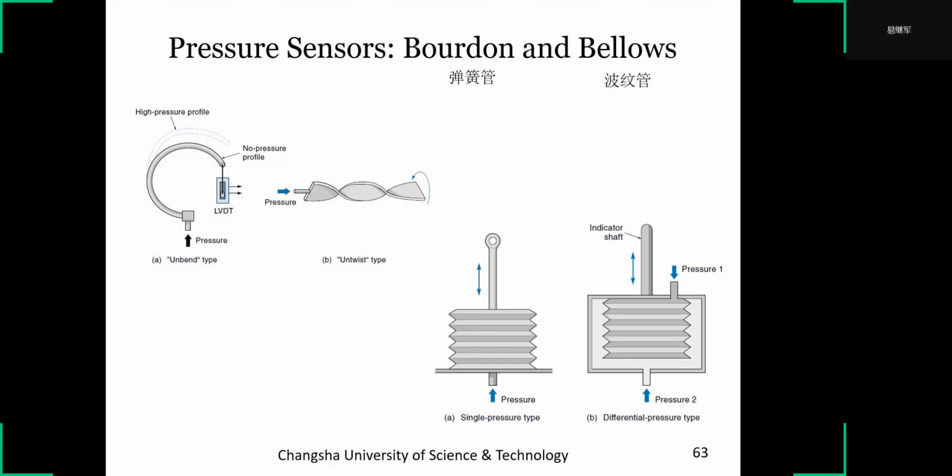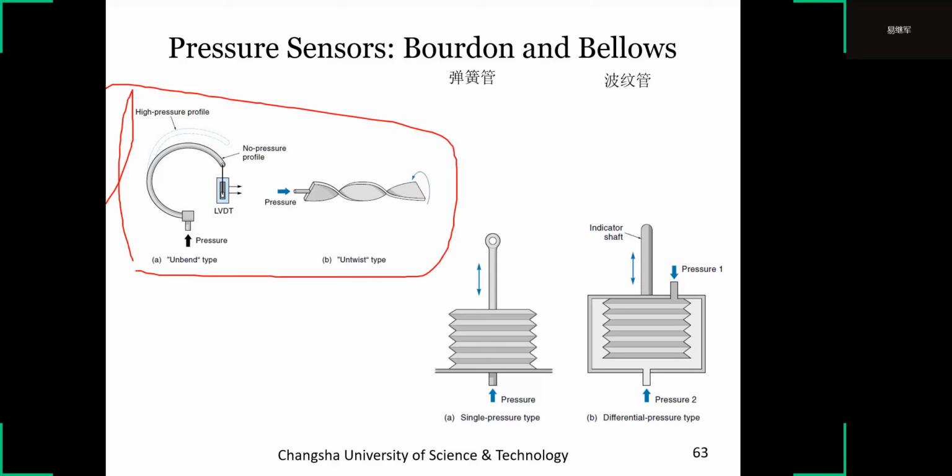This is a pressure sensor. These are the pressure sensors: the bourdon tube and the bellows. This is the bourdon tube. It tests the pressure with elastic force.